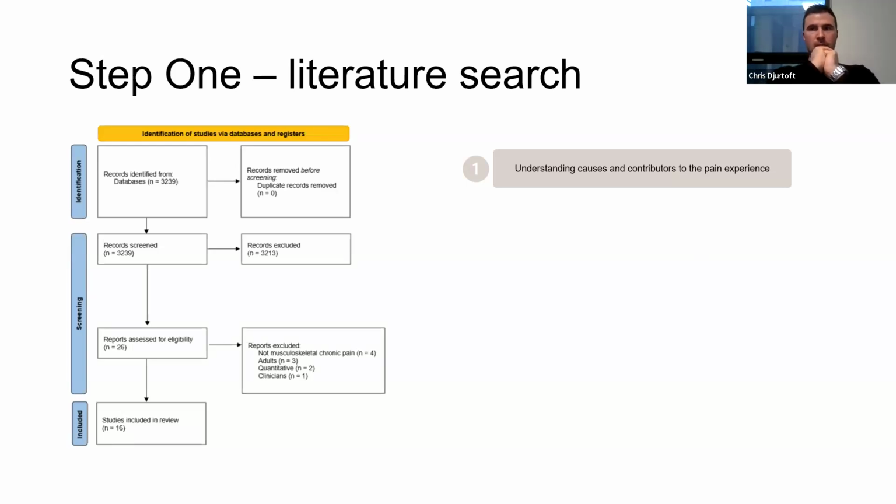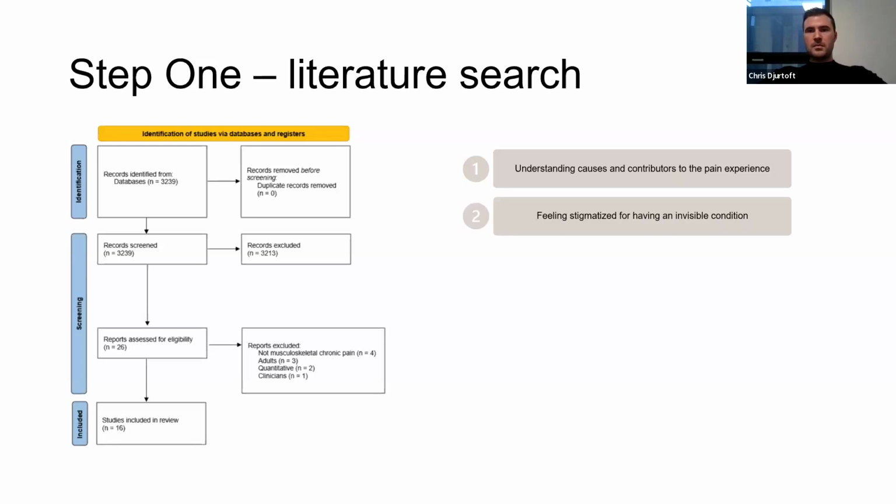The first theme was that they want to understand what causes the pain, and they want to know about the different contributors to the pain experience. So it's not enough for them to just get a label or a diagnosis. They also want to achieve some sort of understanding of the pain experience itself.